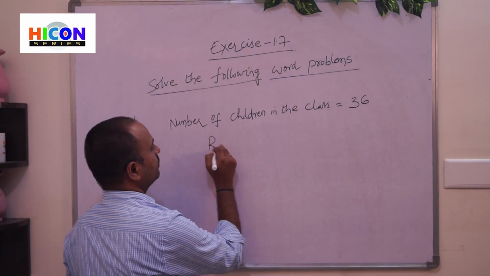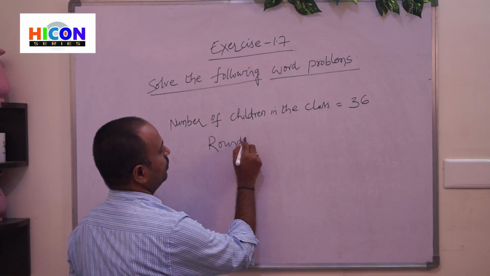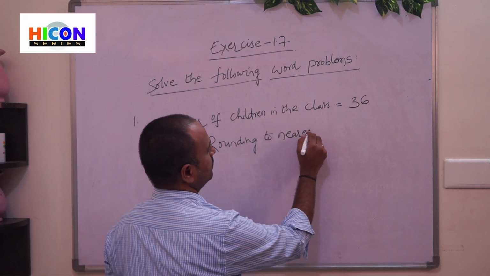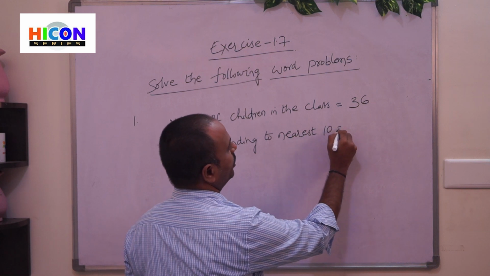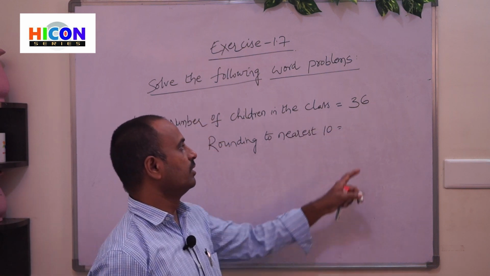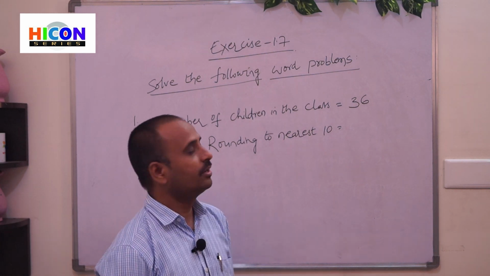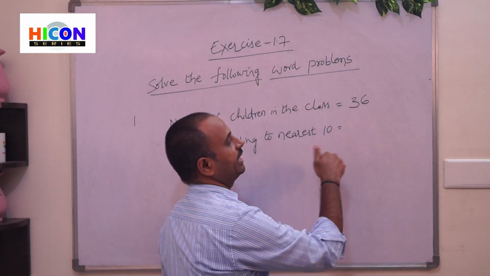So, rounding to the nearest 10. Round this 36 to the nearest 10. What number will you get if you round 36 to the nearest 10?